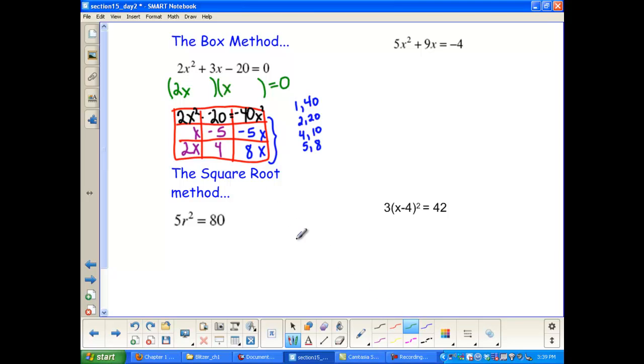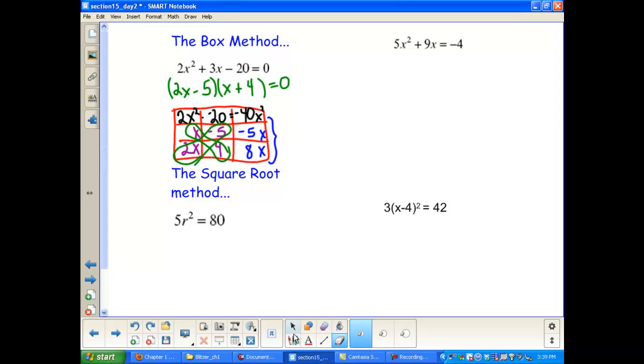And voila, this represents x plus 4. And this represents 2x minus 5. Okay, so we have the factors completed.